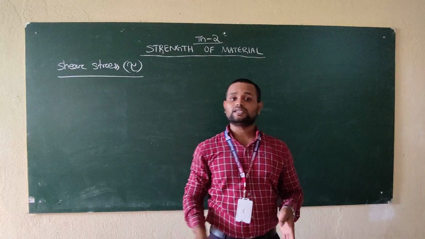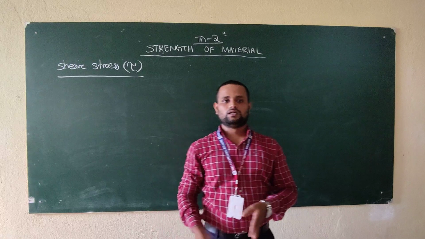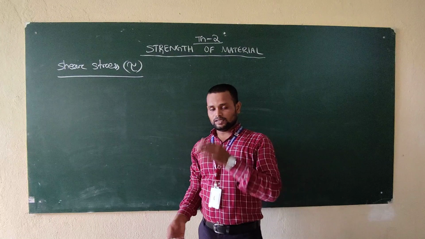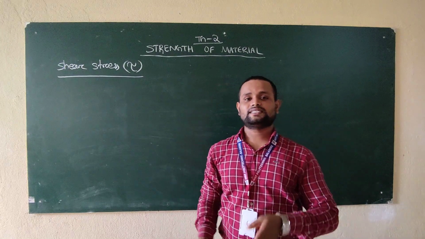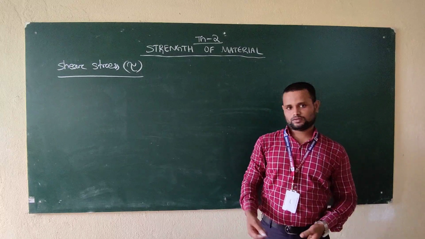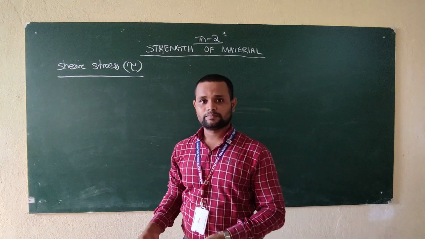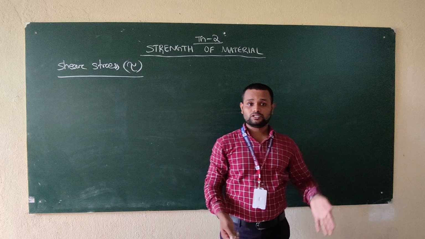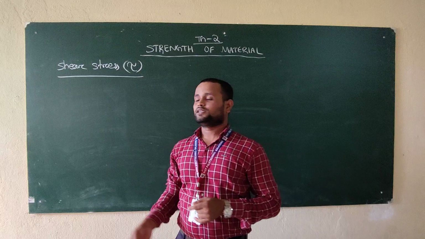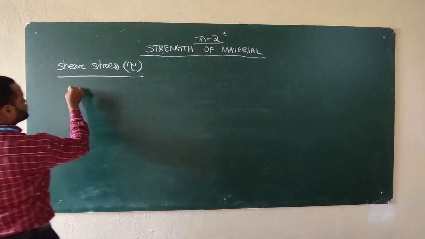When a section is subjected to two equal and opposite forces which act tangentially, as a result of which the body tends to shear off, the stress induced is known as shear stress. It is denoted by tau. Write down the definition.